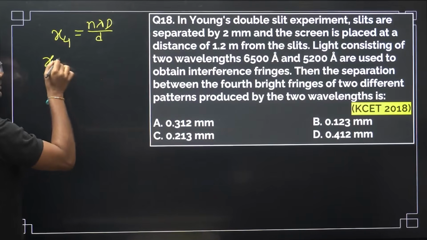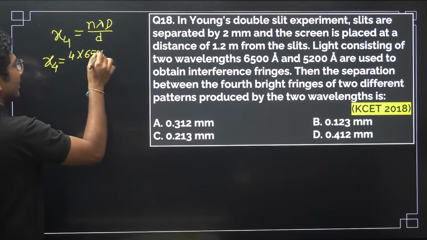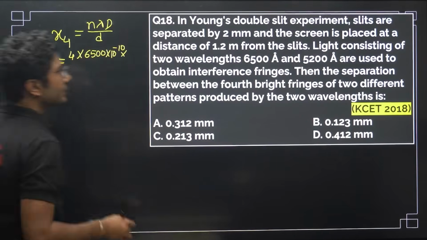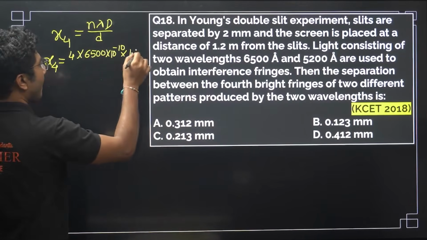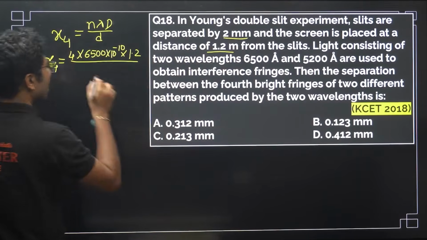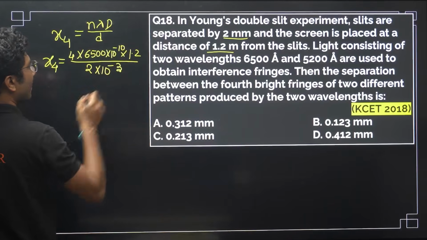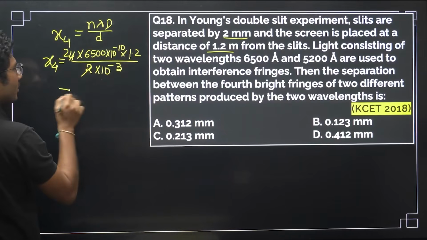So x4 is given by 4 into 6500 into 10 to the power of minus 10. D value is given as 1.2 meter and small d value is given as 2 millimeter. 2 millimeter means 2 into 10 to the power of minus 3. So 2 cancels, 2 to the 4.